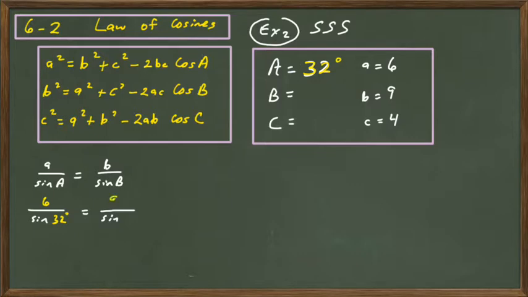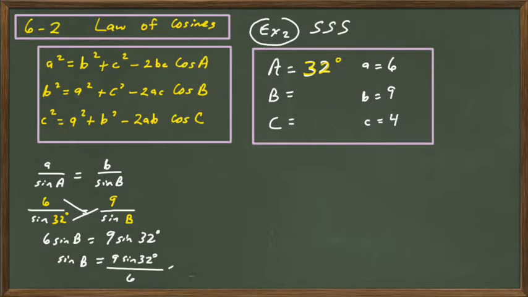Side B is 9, but I don't know angle B. Cross multiply to solve. 6 times the sine of angle B equals 9 times the sine of 32 degrees. The sine of B is going to equal 9 sine 32 degrees divided by 6, which hopefully is between negative 1 and 1.